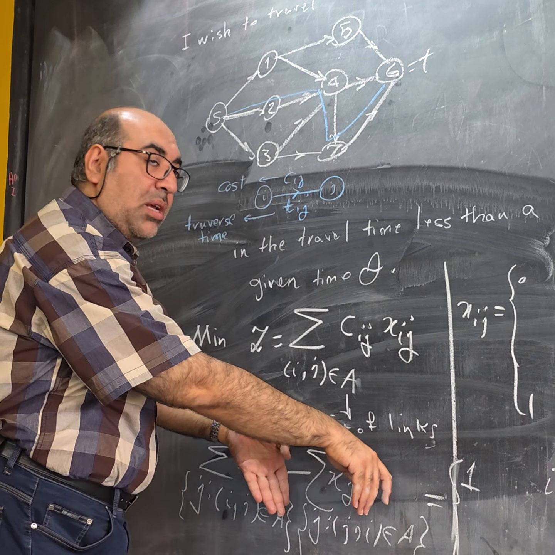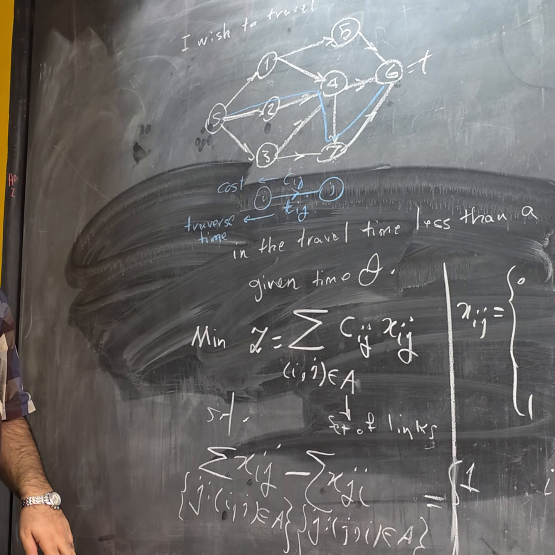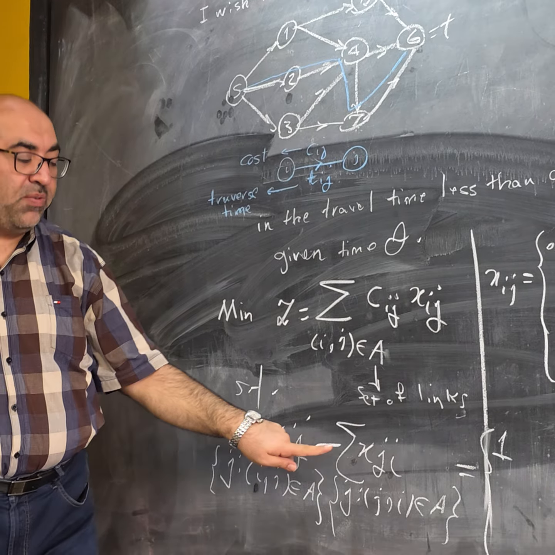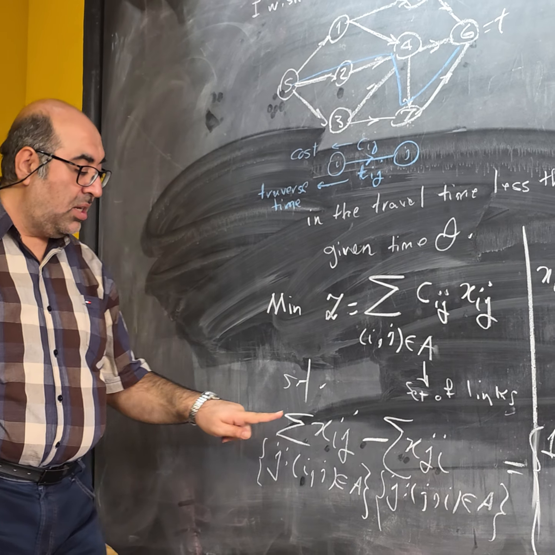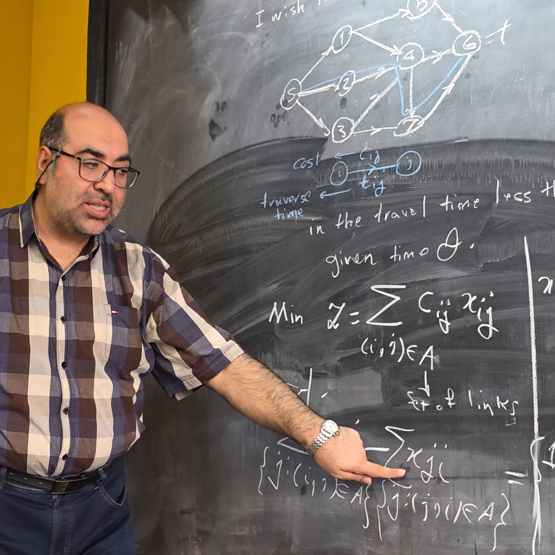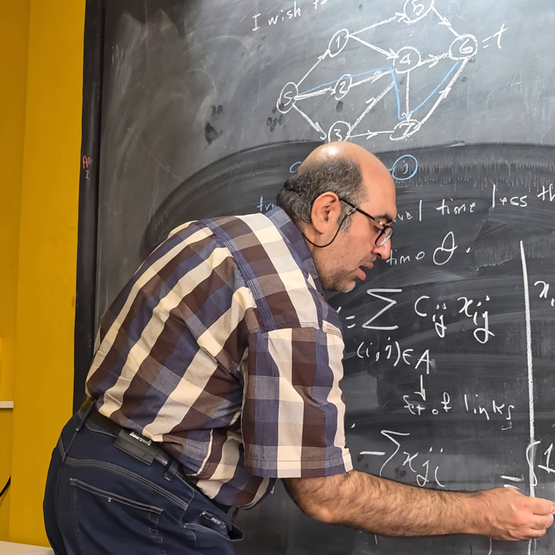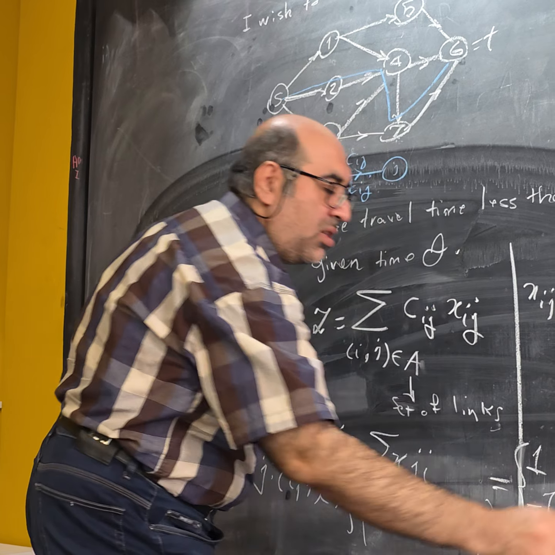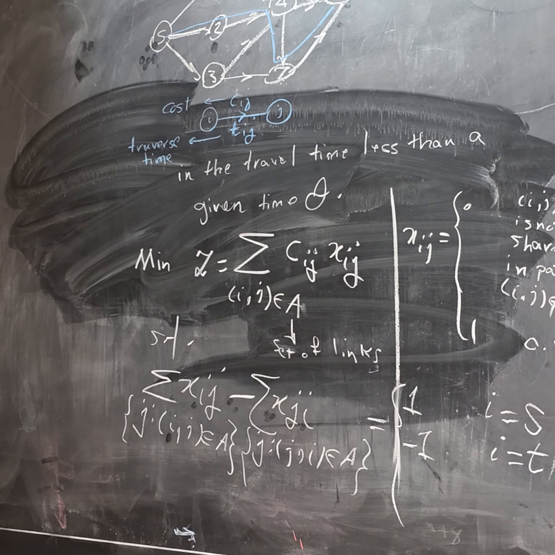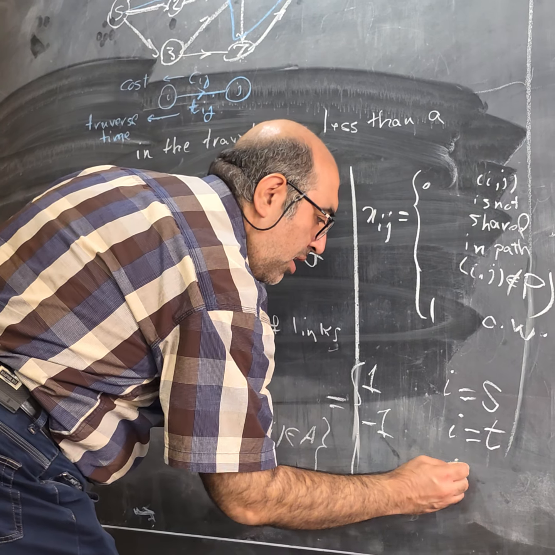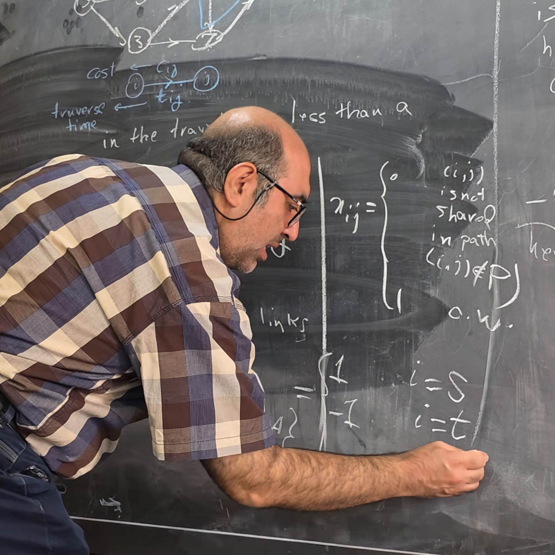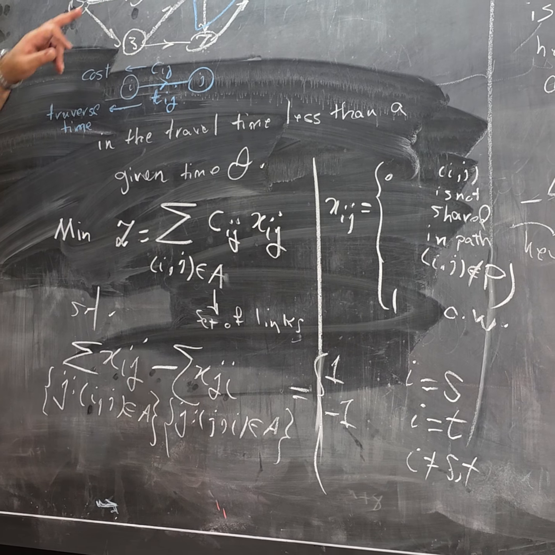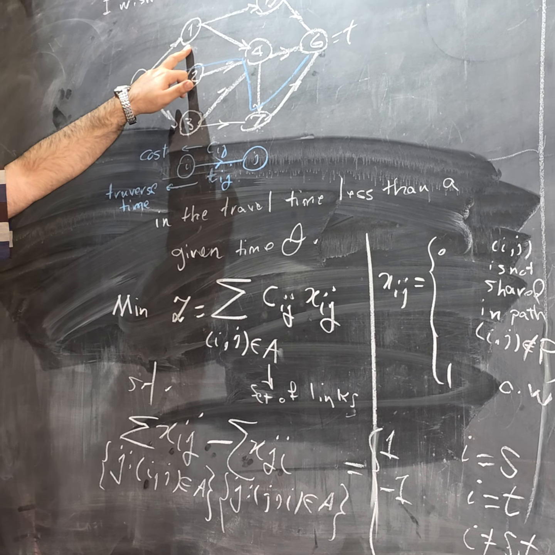Because of that, the second summation is 1, and we have a minus before the summation. 0 minus the summation is minus 1 for i equal to t. For i different from S and T, for example, this node.